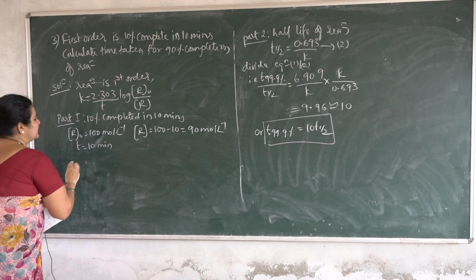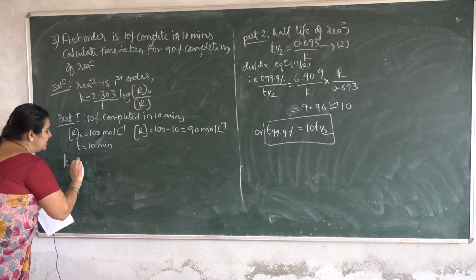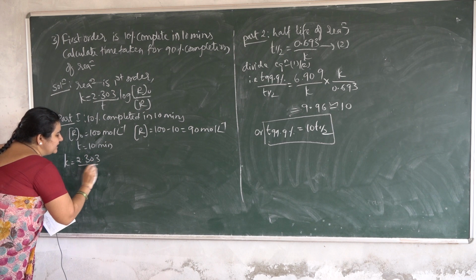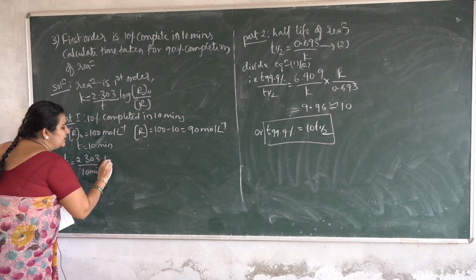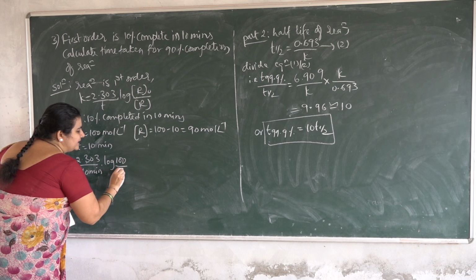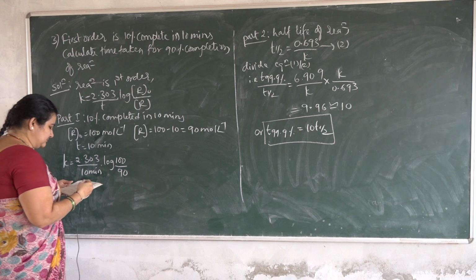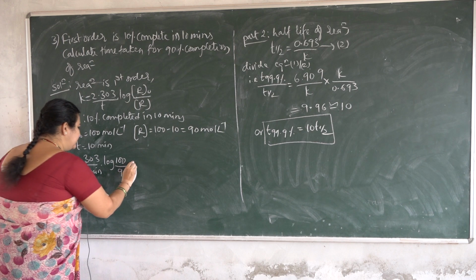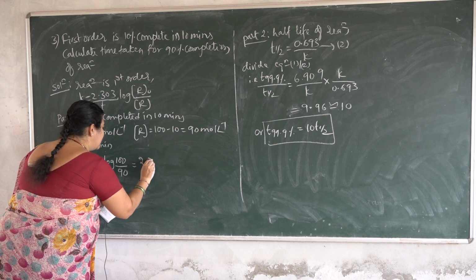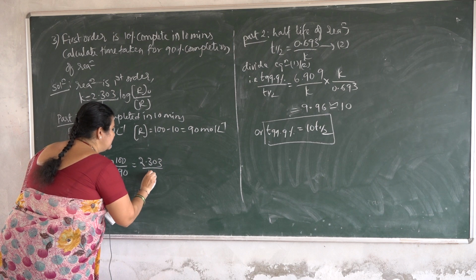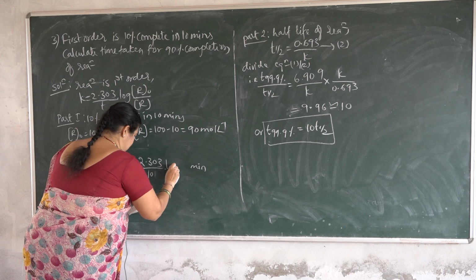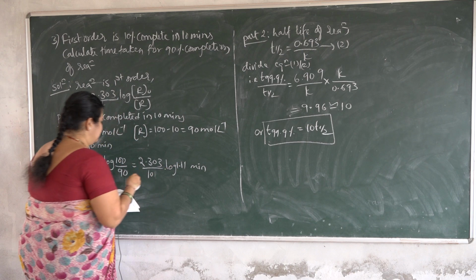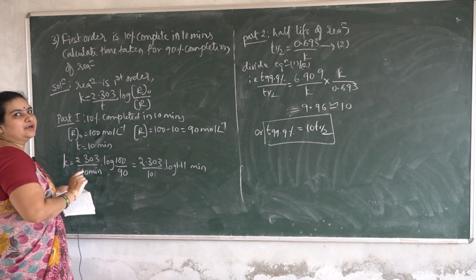So substitute in the equation: K is equal to 2.303 divided by 10 into log 100 divided by 90. So it will be 2.303 divided by 10 minutes into log 1.11, since 100 by 90 is 1.11.